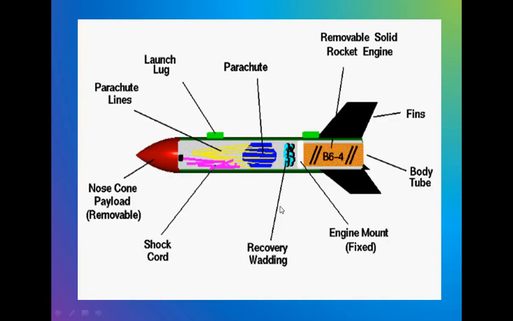Now here is a small diagram. These lines you can see are the parachute. This is the nose cone with payloads, tracker, altimeter, etc. This is a long launch lug. Now this is the removable solid rocket engine, because when the rocket is aborted, this engine also removes itself.